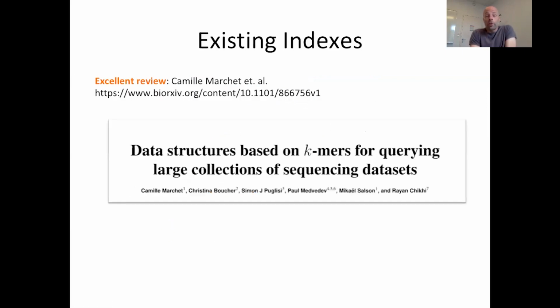And so I'm not going to present to you a detailed state of the art of those existing indexes, but there has been a lot of exciting research around those indexes these last few years. And there is currently an excellent review that is available on bioRxiv made by Camille Marchet and her collaborators.